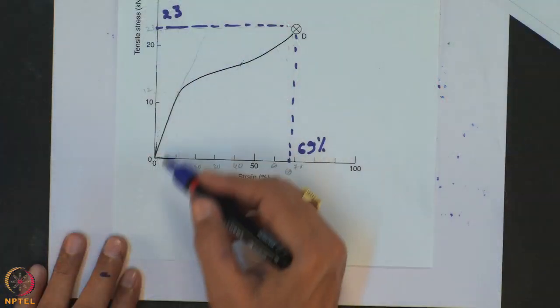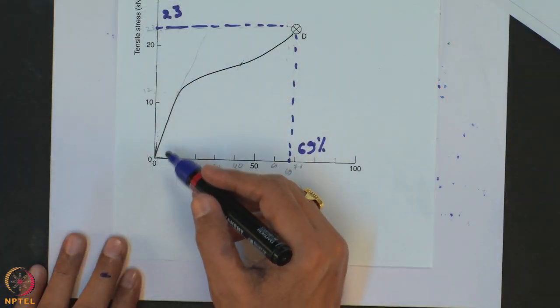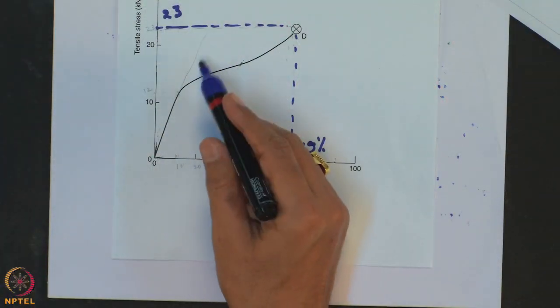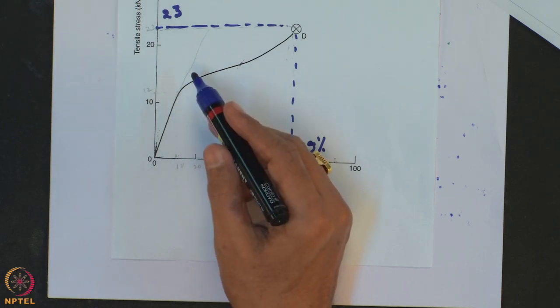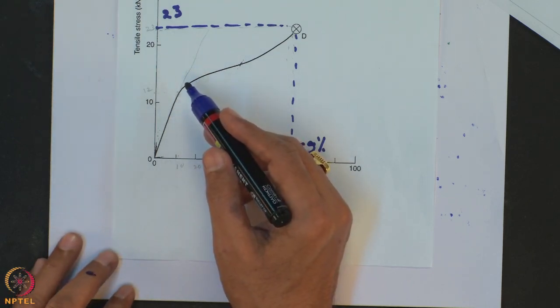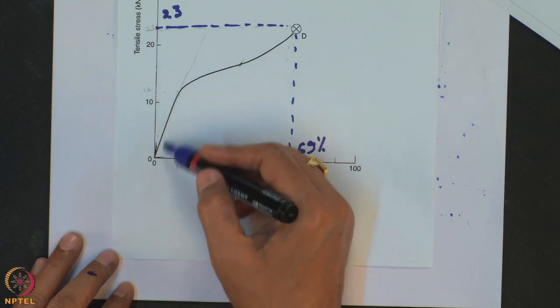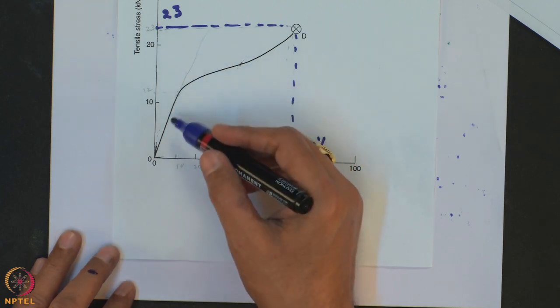Now, we have to determine the modulus, that means the initial tangent modulus, which is the initial slope.